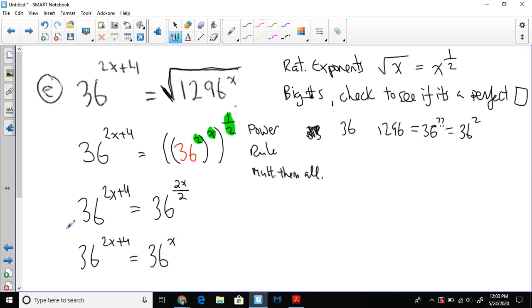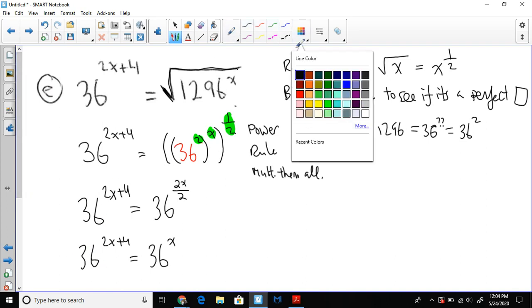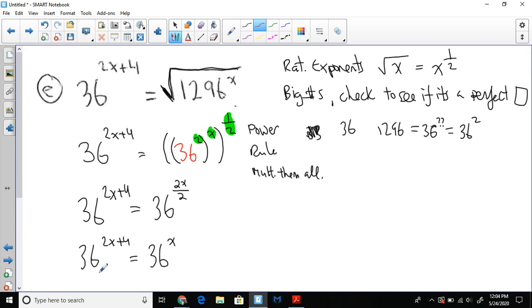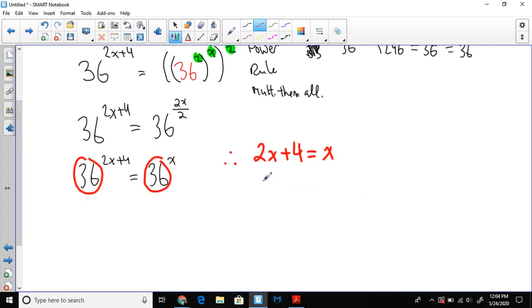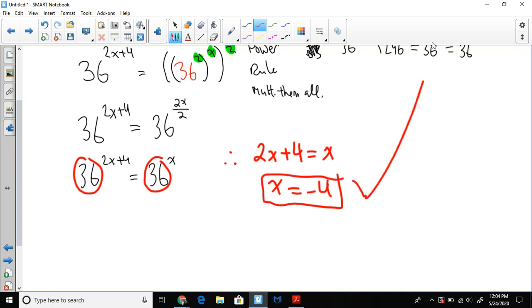So now I have my common base of 36. Now I can just equate their exponents. 2x plus 4 equals x. And then I will have x equals minus 4. And that is my answer.